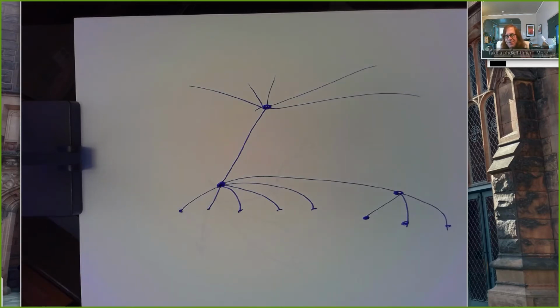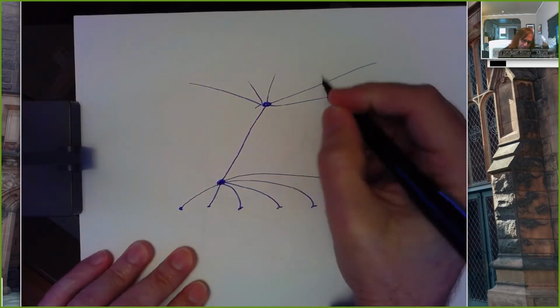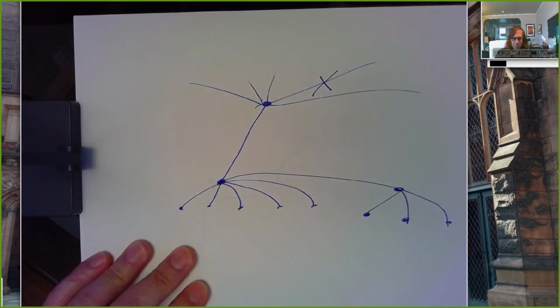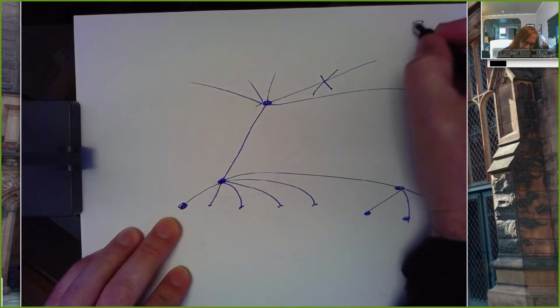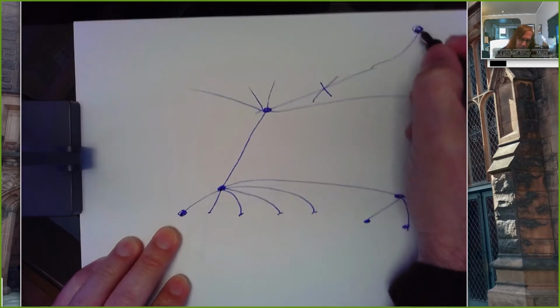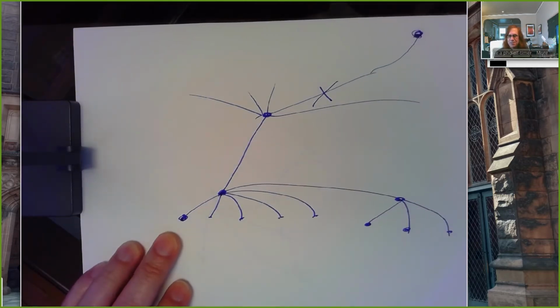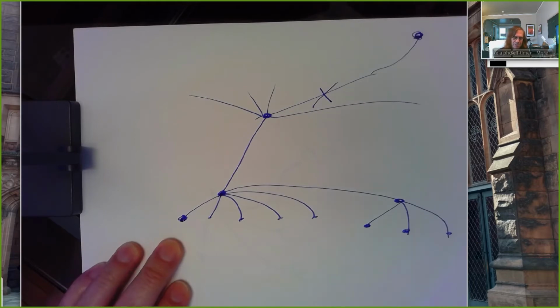And if you have a network graph like this, you can start to do analysis. For example, suppose that this link goes down. Is there still a path from this machine here to this machine over here where Netflix is streaming their content? What happens if this link goes down?